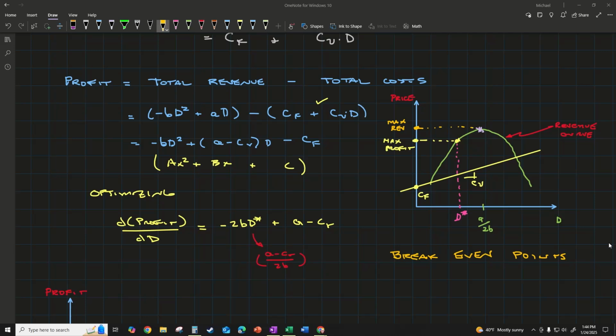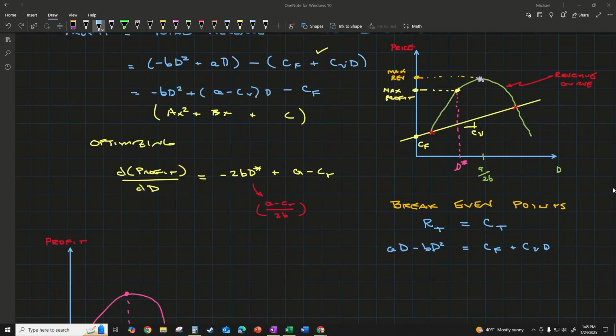So let's talk about our break-even points. Now these occur, if you think about it, where our costs encounter our revenue curve. So if we set our total revenue equal to our total cost, we should be able to calculate those points. So here we go.